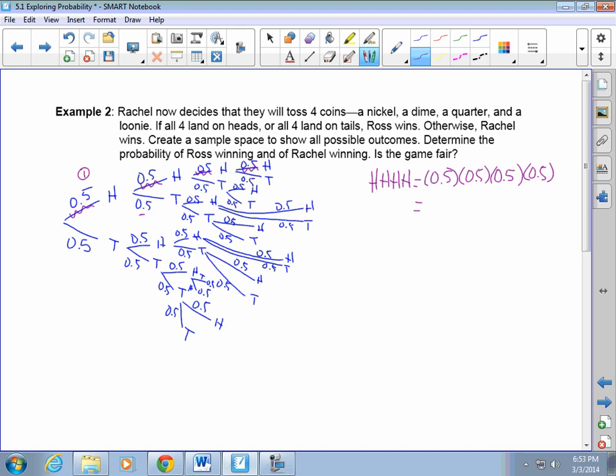If you multiply those together, that is equal to 0.0625. For all of the tail ones, here's a tail, then flipped a tail, and then the 4th flip a tail, same thing, 0.5 four times. So that is equal to 0.0625.